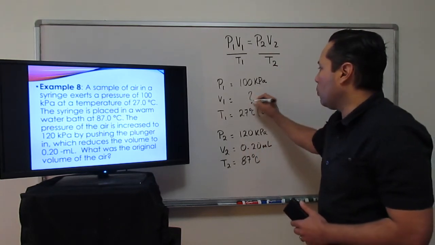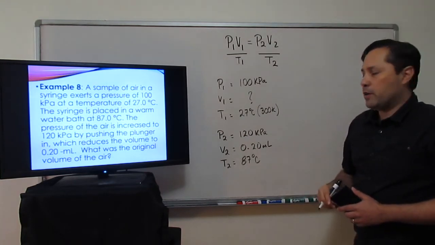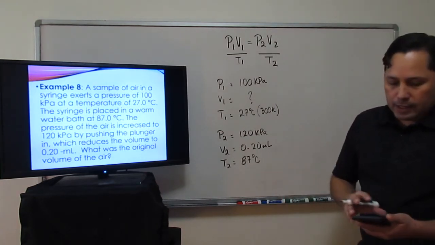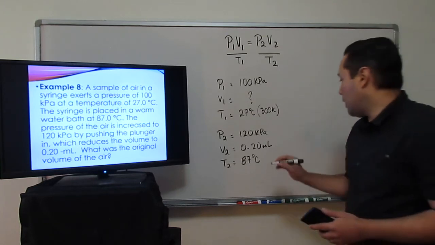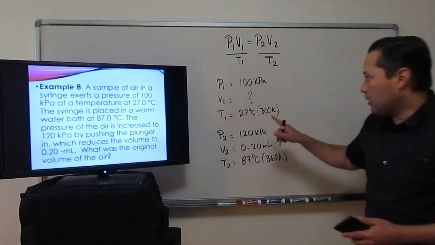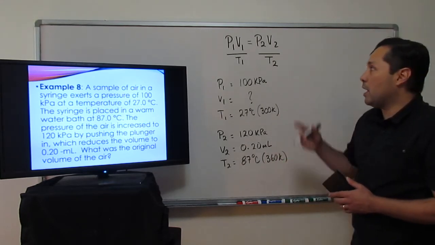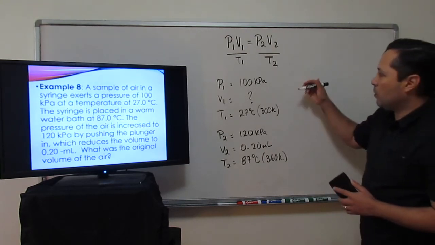So what was our original volume? Before we start plugging in numbers, we need to change that 87, and we're going to add 273. That gives us 360 Kelvin. Now that our temperatures are in Kelvin, we can plug them in and solve for the original volume.